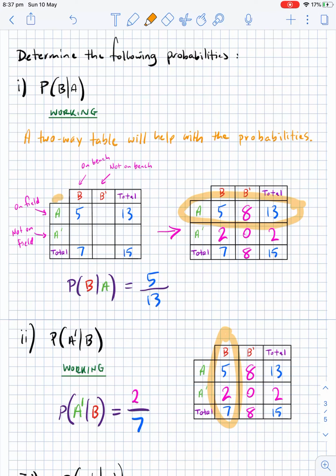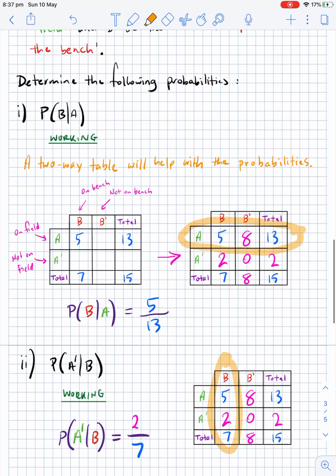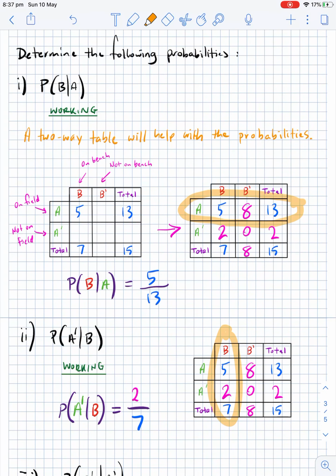Okay, so A represents on the field and B represents on the bench. Let's put in the numbers that they've given us into their correct spots. That's definitely the first thing you want to do. We know that there was 5 people that were on the bench and on the field, so 5 can go straight in. We know that 13 people went onto the field, so 13 for the total on the field.